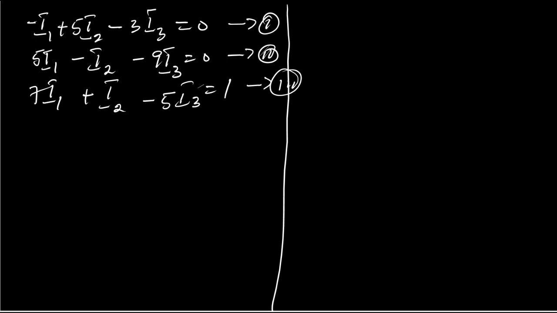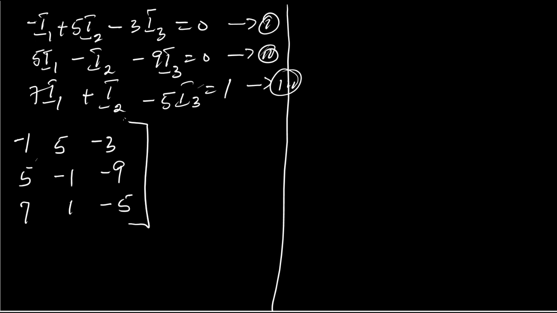So let's break it down first into their various matrices. Now, I'll write the matrix out. This is minus 1, 5, minus 3, 5, minus 1, minus 9, 7, 1, and here will be minus 5.